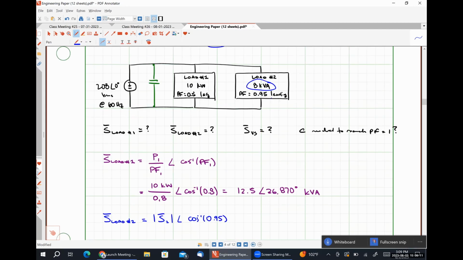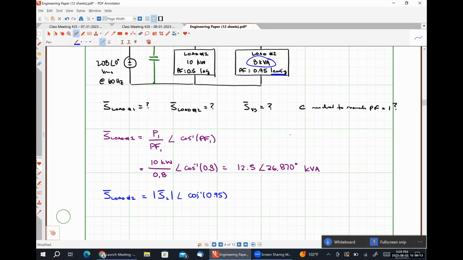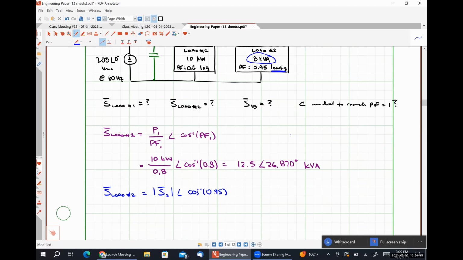But because our power factor is leading, what do I need to do to the angle? Make it negative. Exactly right. So I just put a negative sign out front here.